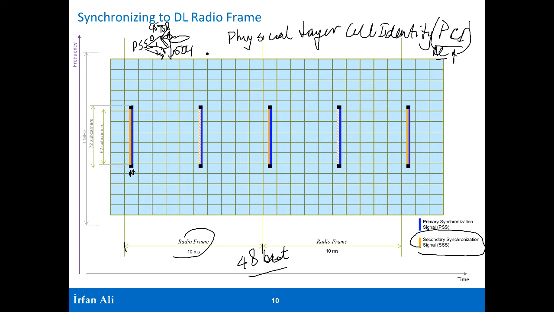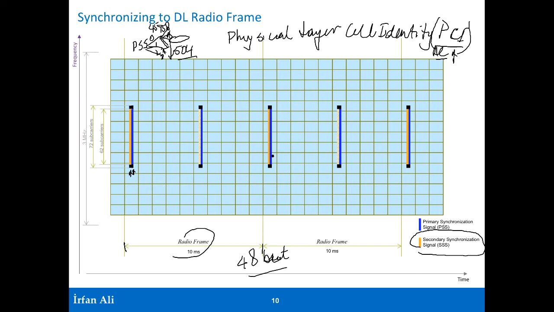So by decoding the primary synchronization signal and the secondary synchronization signal, the mobile knows the physical cell identity of the cell. The mobile doesn't need to decode anything else to find out this shorthand identity of the cell, and this is important and used in a lot of measurements when the mobile is trying to figure out which other cells it is able to hear in this vicinity.